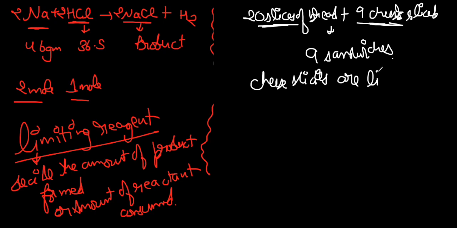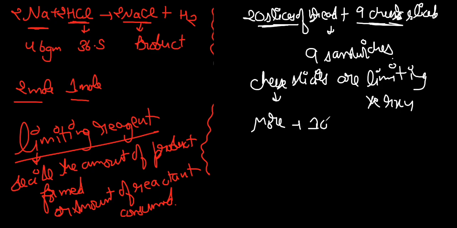Cheese slices are limiting the reaction. If cheese slices were more, then I would be getting 10 sandwiches. If the cheese slices were less, I would be getting fewer sandwiches. So it directly means that out of the two reactants, there should be one reactant which is present in less amount, which will determine the amount of product formed.